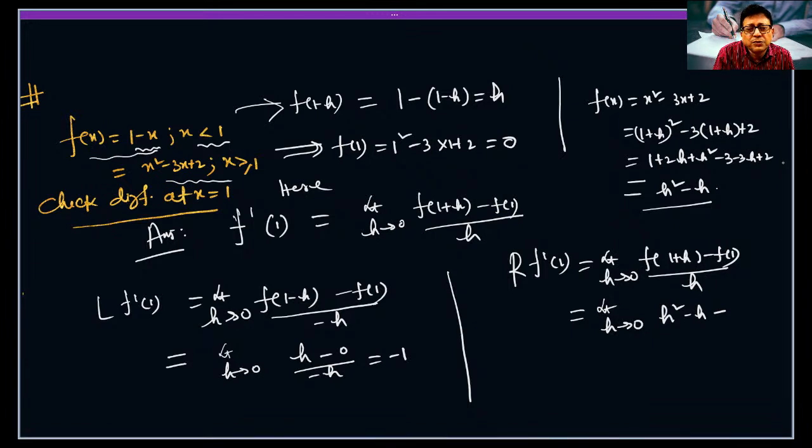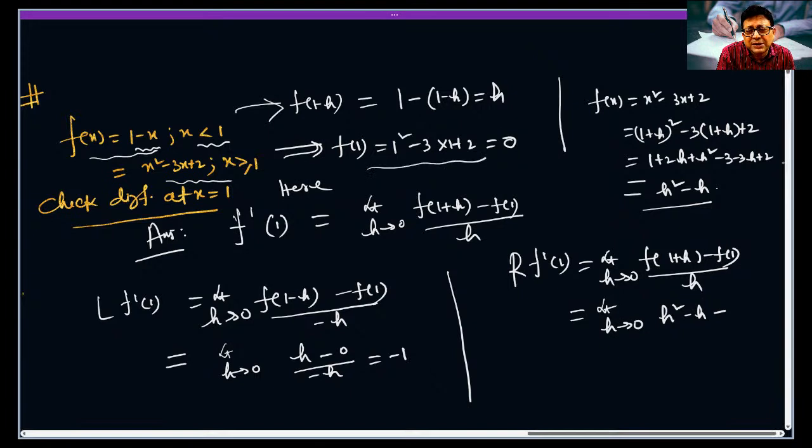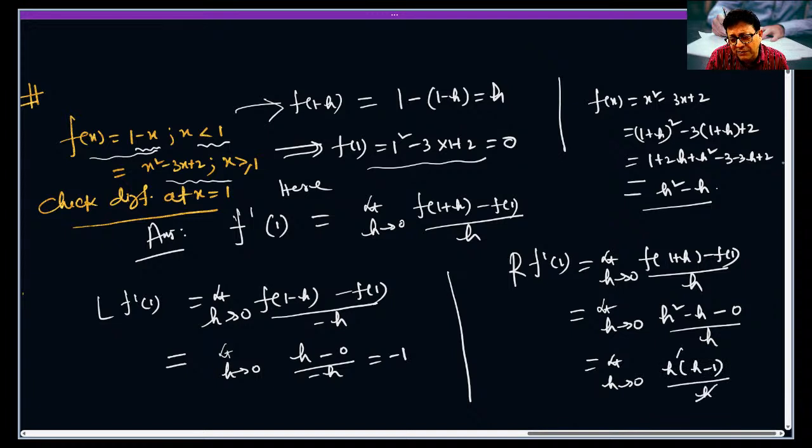Now, for x equal to 1, we have already calculated, it is 0 by h. So, it is limit h tending to 0, take h as common, this by h. Now, h gets cancelled from numerator and denominator.